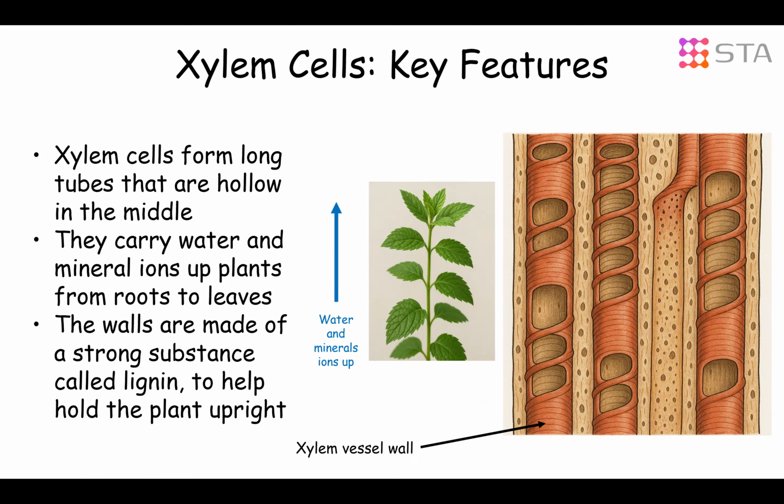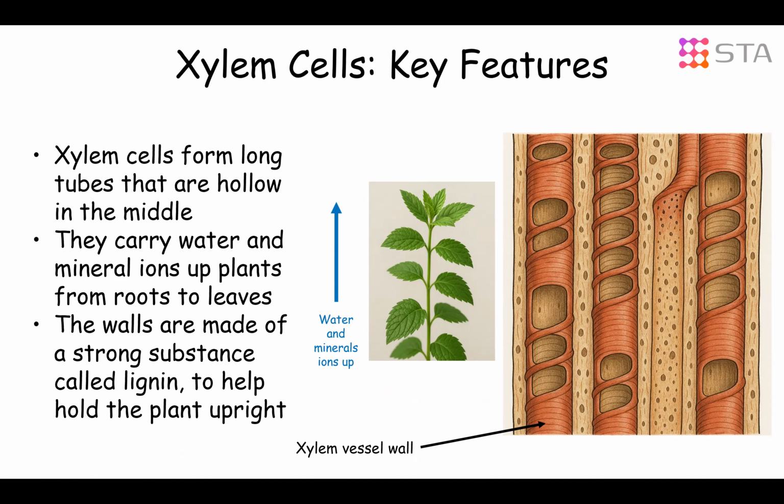Lignin is a hard, woody chemical and it helps hold the plant upright. Now, the plant cells have already got cellulose cell walls, which are strong, but the lignin means that the plant has even more support and strength so that it doesn't buckle or blow over in the wind.